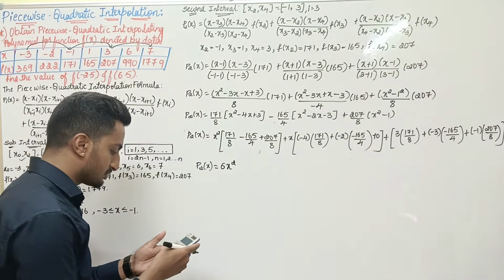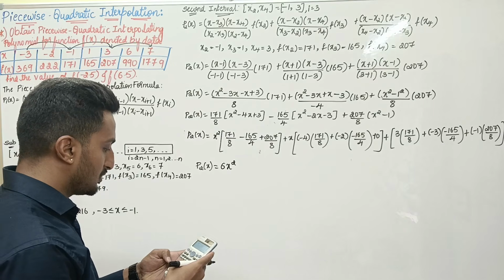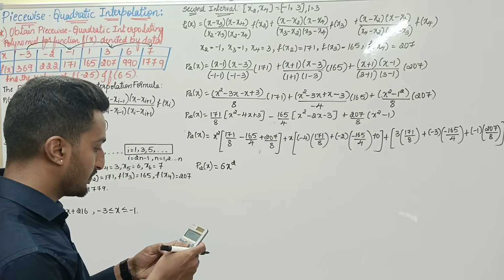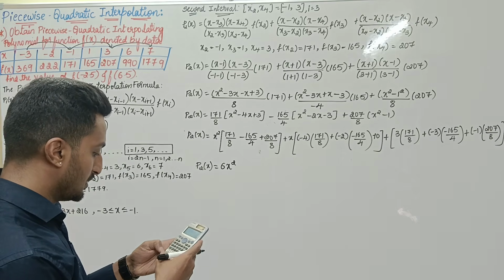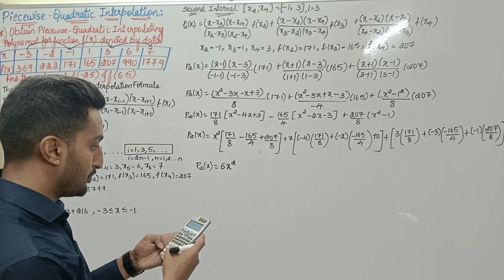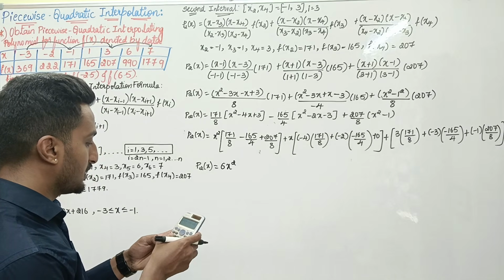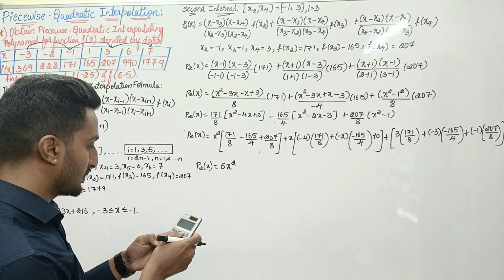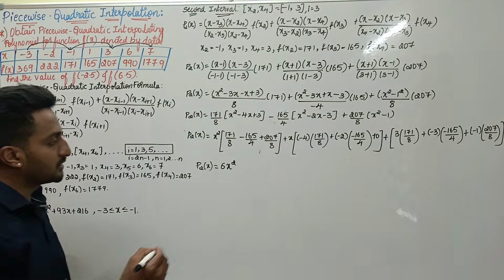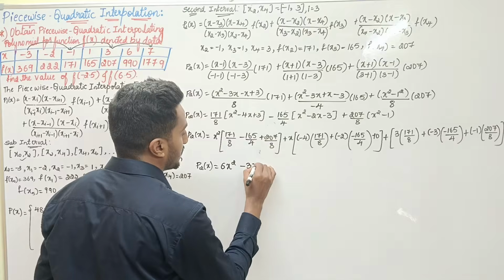The next I have minus 4 into 171 divided by 8 plus minus 2 into minus 165 divided by 4, you get minus 3. Again we got minus 3. This is also correct, minus 3x.